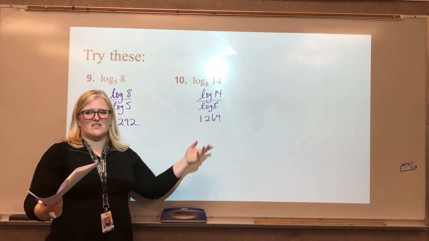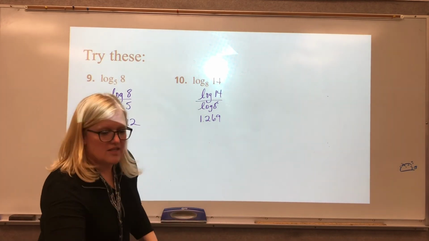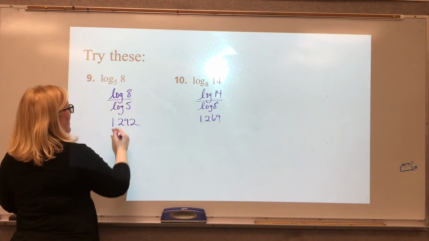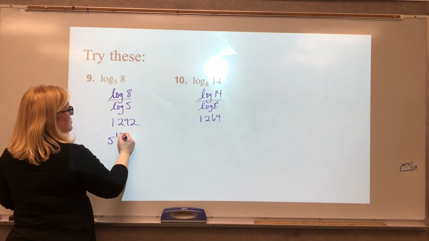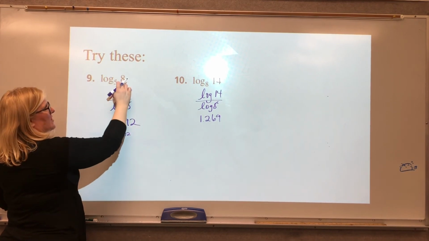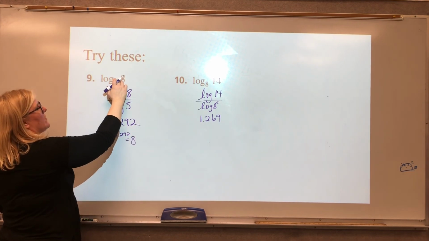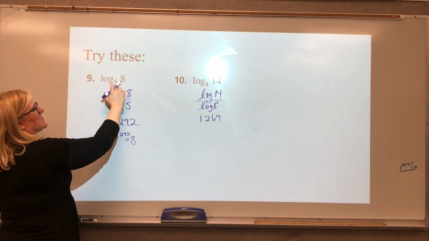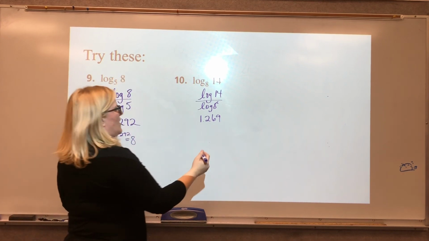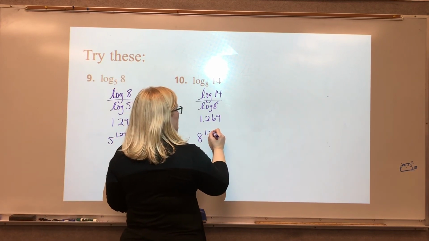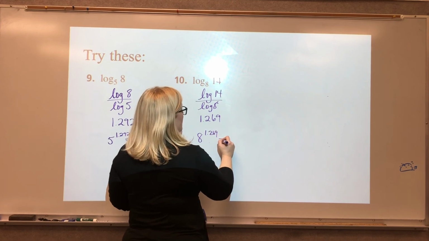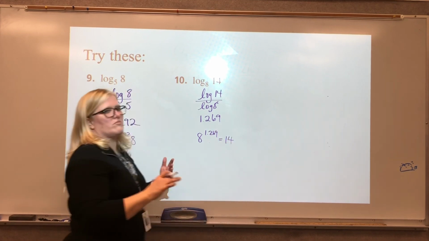What do they even do? So remember, 5 to the 1.292 power is 8. That's what this is telling us. What exponent goes here that gives me 8? So here I have 8 to the 1.269 power gives me 14, or roughly 14.